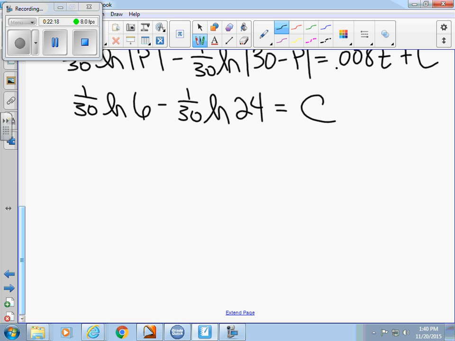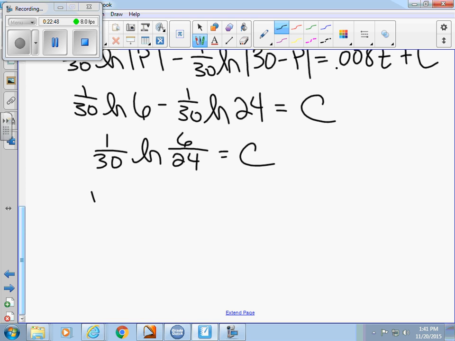And you could stop there, but just for simplification purposes, isn't this 1/30th natural log of 6/24? Combining two logarithms. So now I can rewrite my equation. I told you it wasn't pretty.